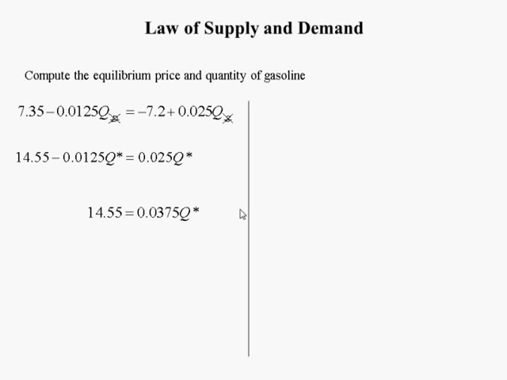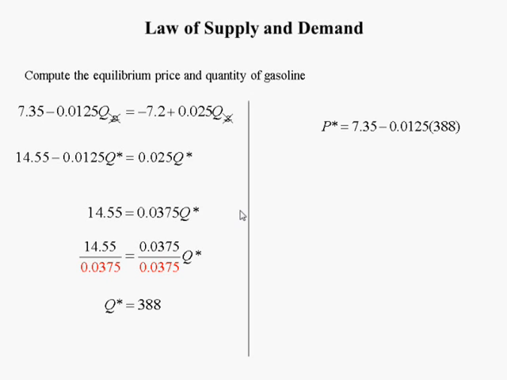And we divide both sides by 0.0375, and we get 388. Remember, it looked like something between 350 or 375 and 400. It's 388, and that looks about right. Now this isn't just 388. The units are millions of gallons per day.